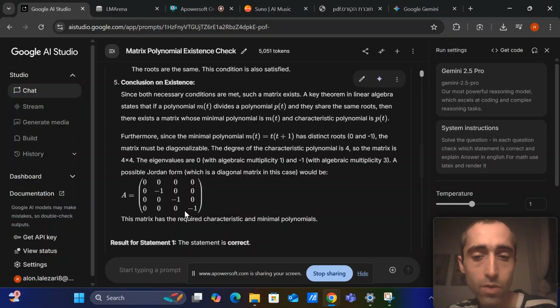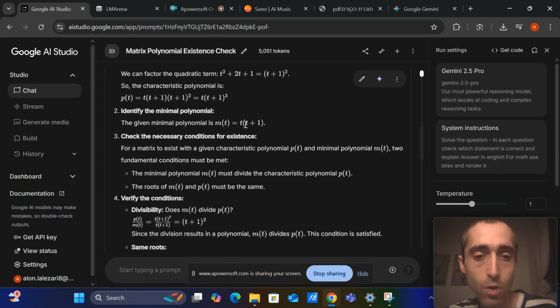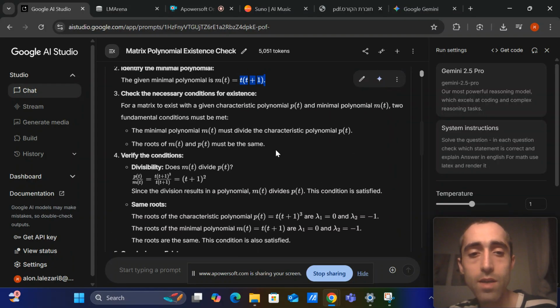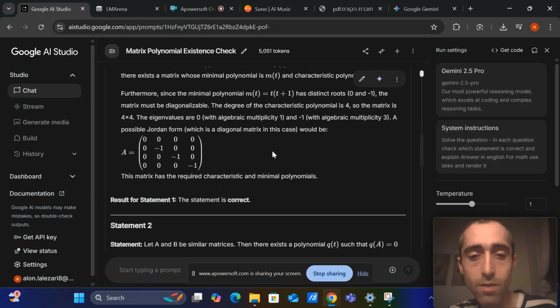We know that the roots, which are the eigenvalues, are 0 and minus 1. If the minimal polynomial has distinct roots, you also know that the matrix is diagonalizable. So there is a diagonal form for this matrix. Those are the eigenvalues of the matrix.